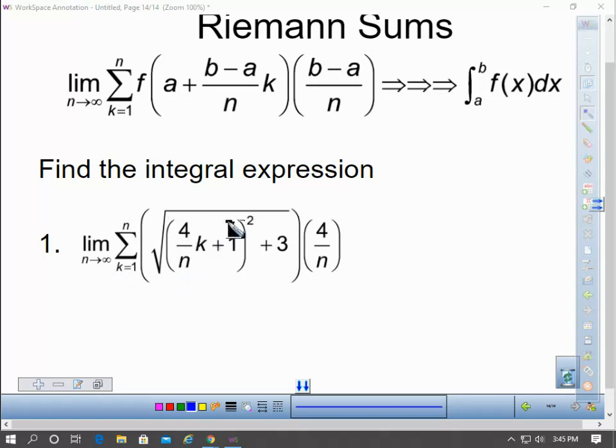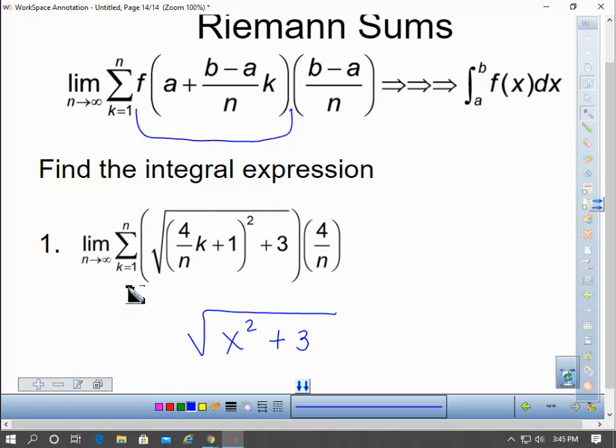All right, so in here, remember, this is your function of something plugged in. This is my function here in this first one. I can already tell my function is the square root of something squared, so x squared plus 3, because inside this first set of parentheses matches with this part right here.